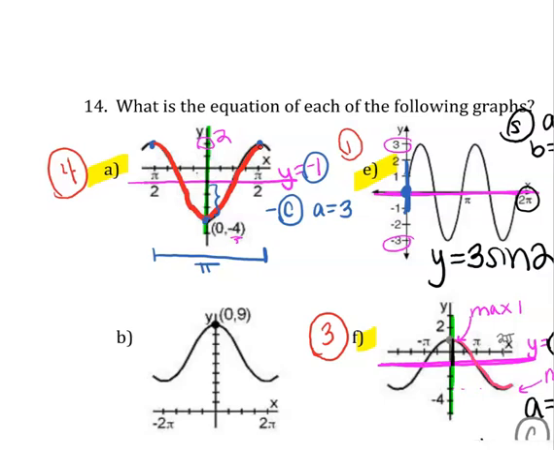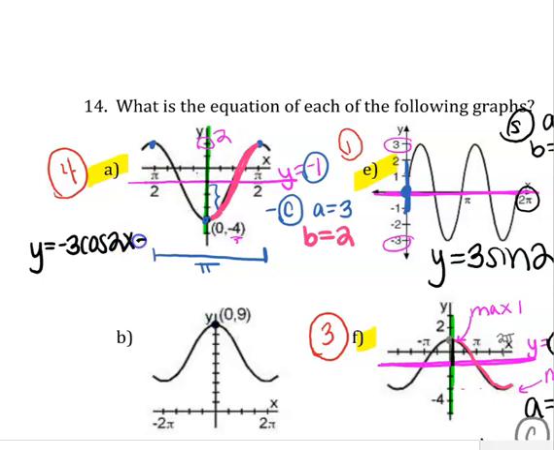That means if I'm seeing 1 cycle over pi units, over 2 pi units, I would be seeing 2. So that means my frequency is 2. And that's just one way to think about it. Some students will say, well, you're only seeing half of a cosine curve in 90 degrees. I really want 360 degrees, so times 4 would also give you 2. So putting all that information together, y equals -3 cosine of 2x. Again, don't forget your vertical shift, so -1.